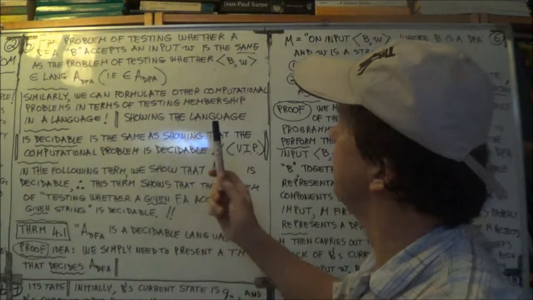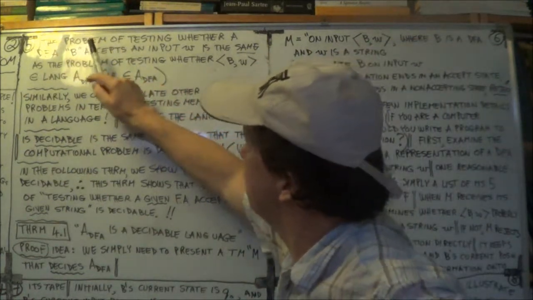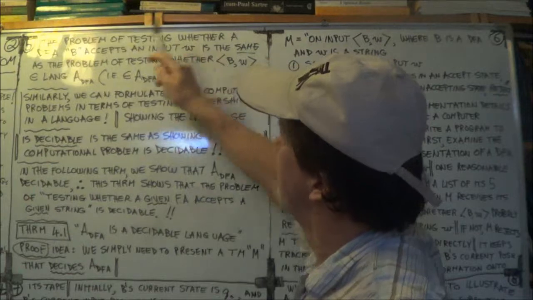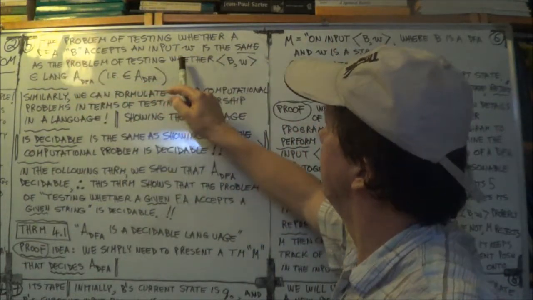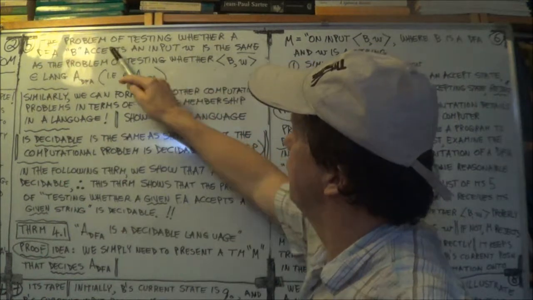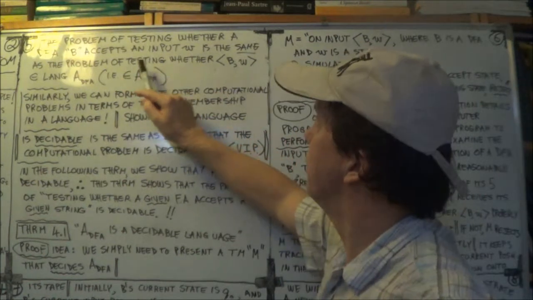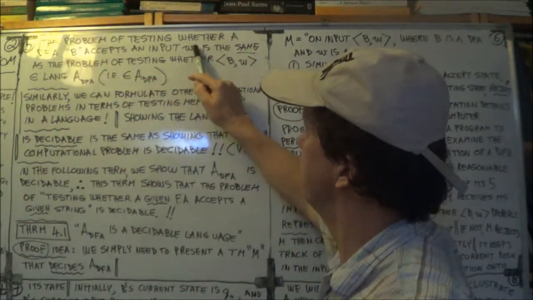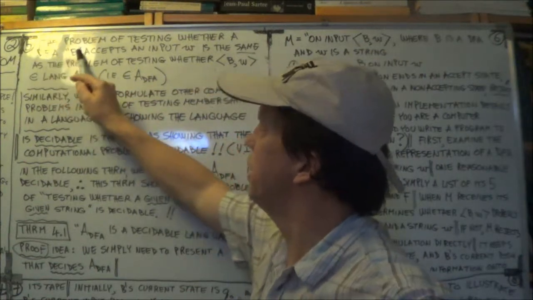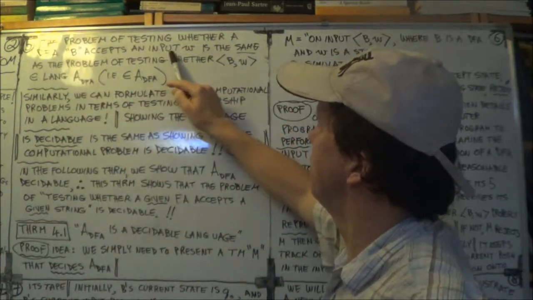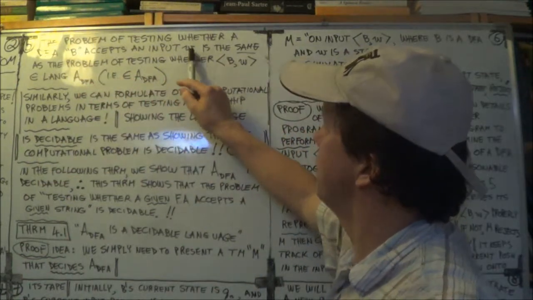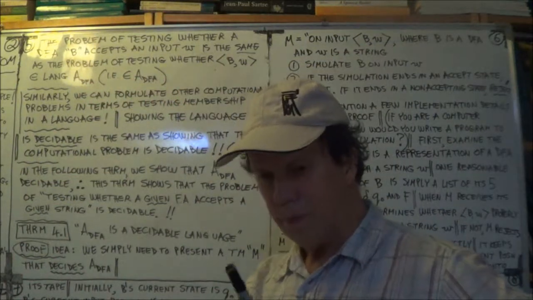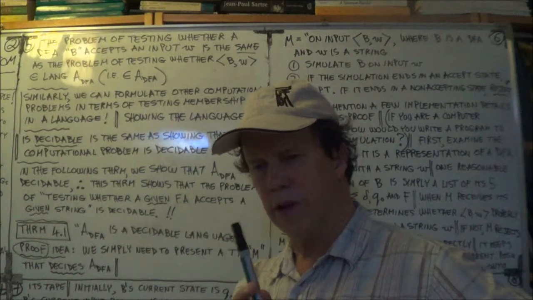Okay, so here's an example of a computational problem. You're given a DFA, call it B, and does it accept or reject an input string W? So you've got a random machine B and a random string W. Does this machine accept that string? And you're looking for an algorithm.